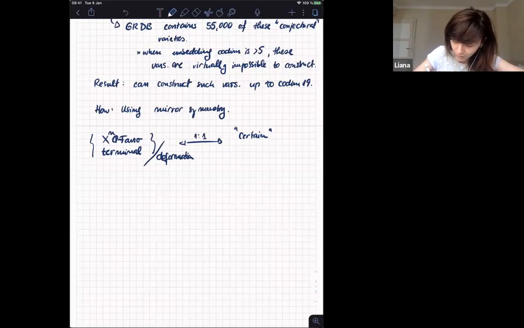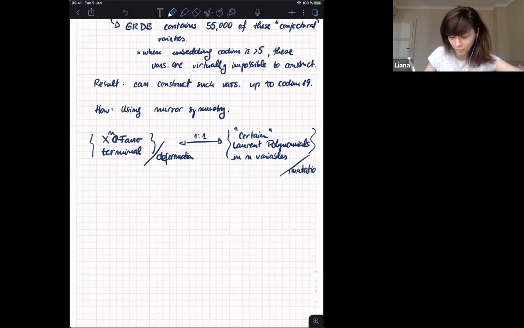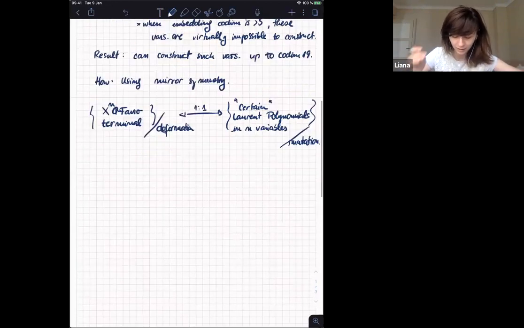So certain Laurent polynomials in n variables up to mutation. I won't discuss what mutation is either. I will just take a Laurent polynomial and it will help me find the Q-Fano variety. But let's not get ahead of ourselves. So this is the mirror symmetry statement that I am interested in.